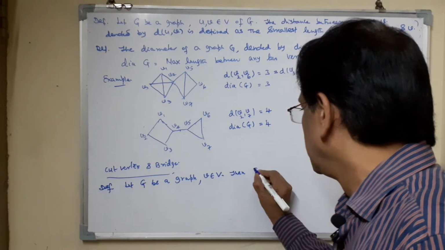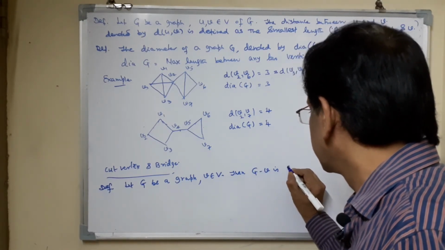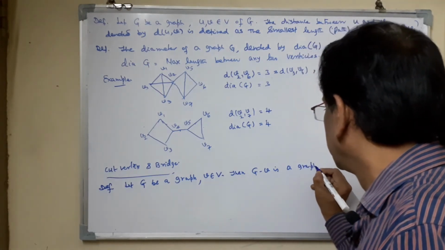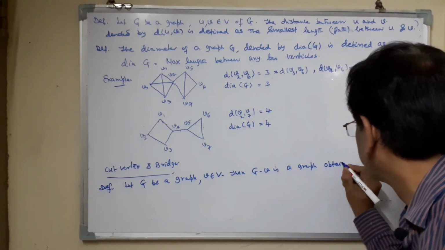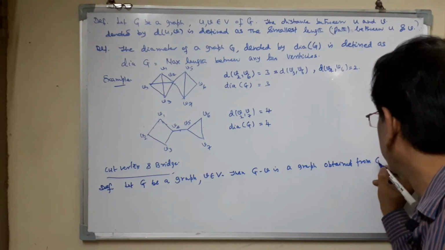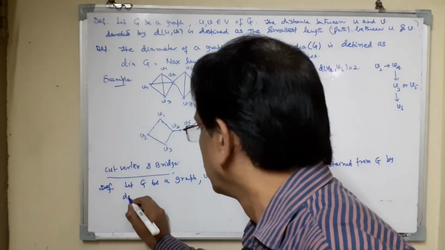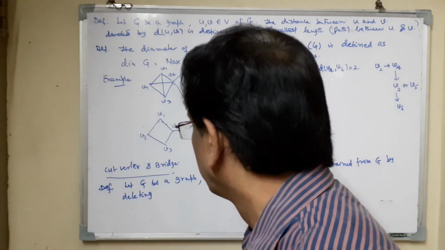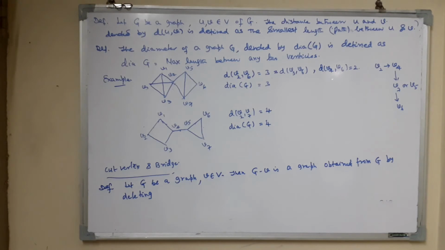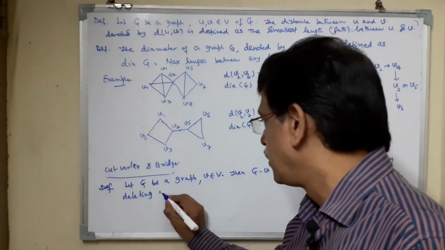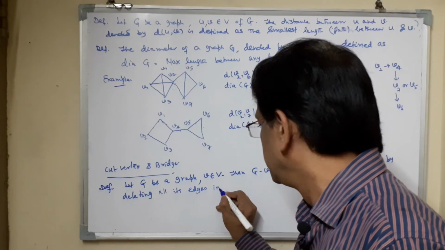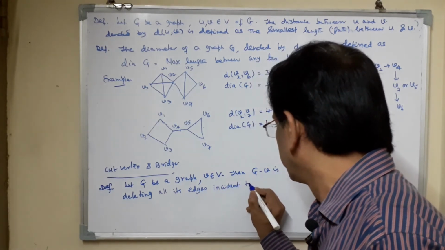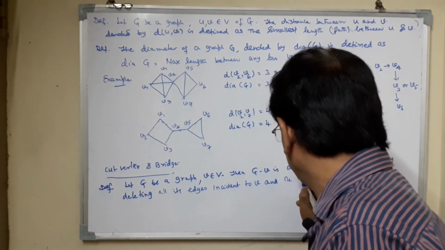Then G minus v is a graph, in fact a subgraph, obtained from G by deleting all its edges incident to v and the vertex v. You have to delete both.